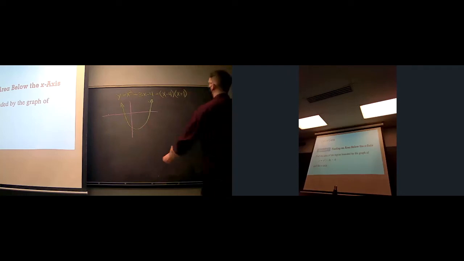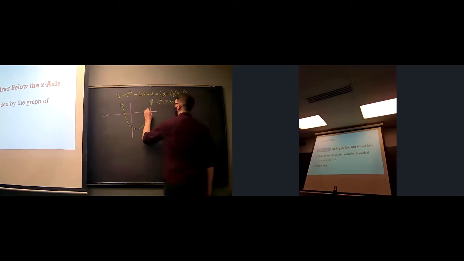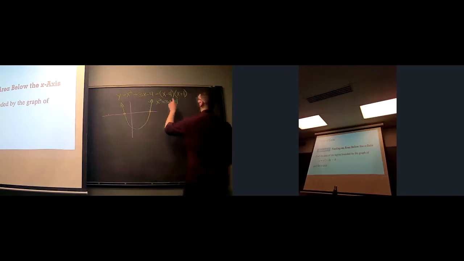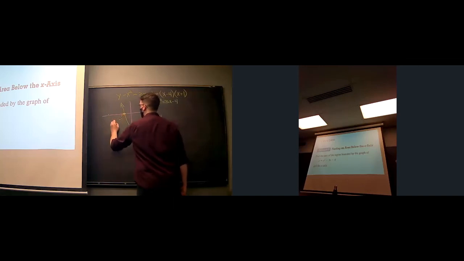And this is, of course, f of x equal to x squared minus 3x minus 4. What the factorization told us is that this thing is only going to be 0 when x is equal to 4, and when x is equal to negative 1. Agreed?